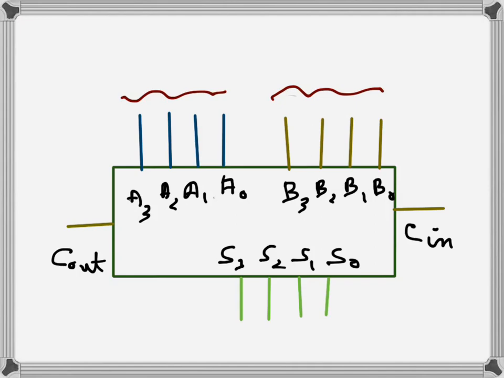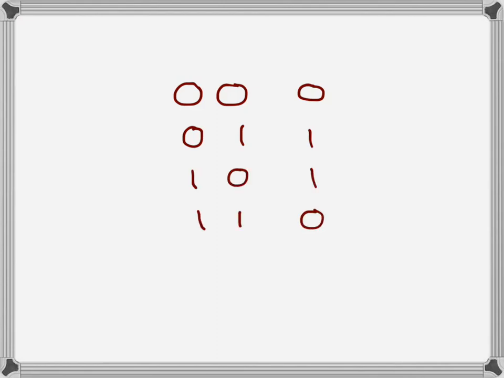But when we want to subtract, we have to use some other circuitry, and before we do that, we should recognize the usefulness of the XOR gate. If we recall, the XOR gate truth table is like this: 0 0 is 0, 0 1 is 1, 1 0 is 1, and 1 1 is 0.